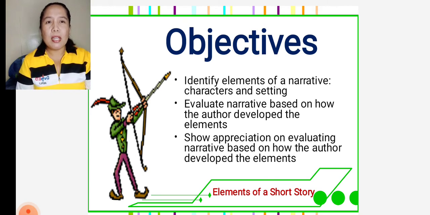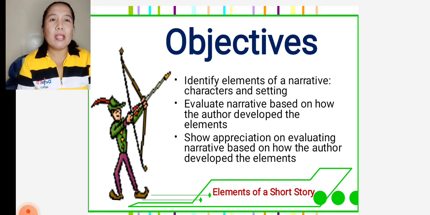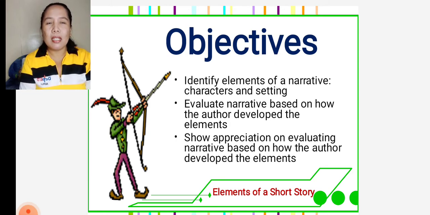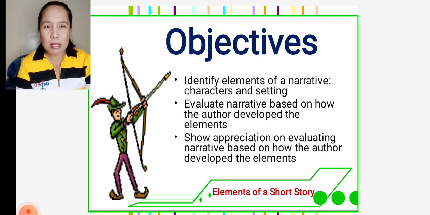The first is you have to identify elements of a narrative which are the characters and setting. Then you have to evaluate narrative based on how the author developed the elements, and you have to show appreciation on evaluating narrative based on how the author developed the elements.